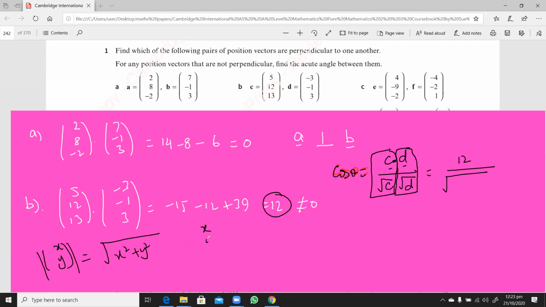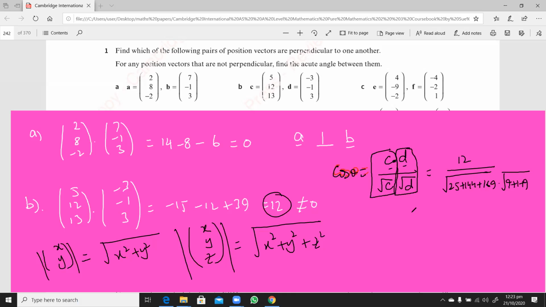Similarly, if you have a vector x, y, z, then its magnitude is the square root of x squared plus y squared plus z squared. So the magnitude of C is going to be the root of 25 plus 144 plus 169, times the other one, which is the root of 9 plus 1 plus 9.